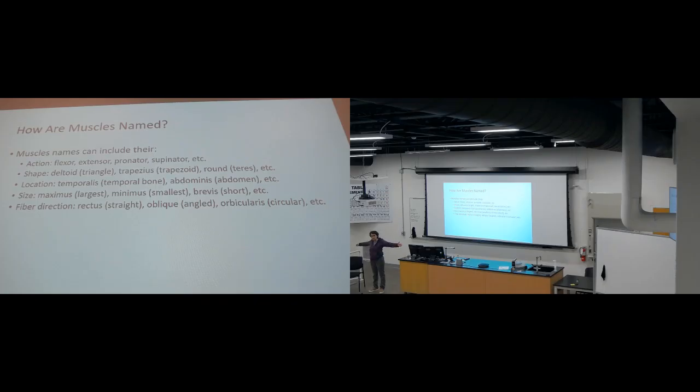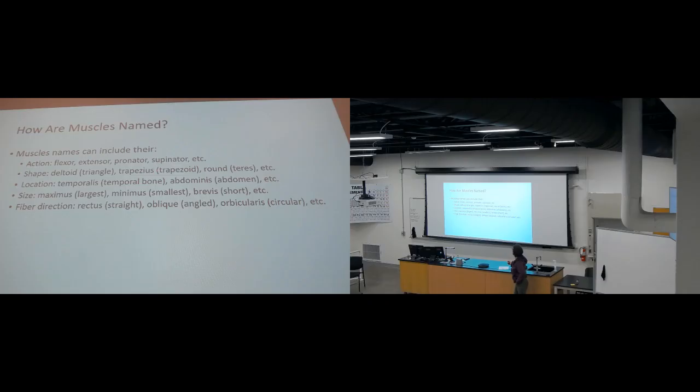Away from the midline, you call it abductor. And then you have muscles that bring the palm down. These are pronators. If we bring the palm up, supinators, etc. So you have several types of muscle names based on action.